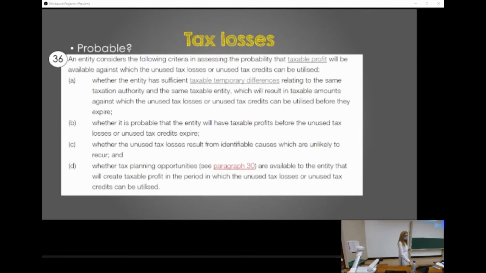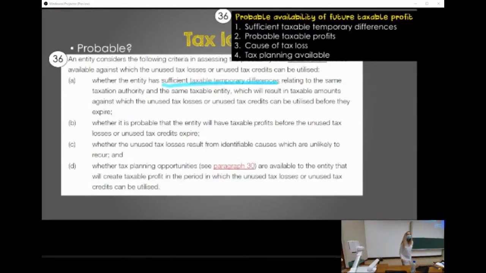That tells us, first of all, it will be probable that we will get those benefits. Firstly, when there will be sufficient taxable temporary differences.